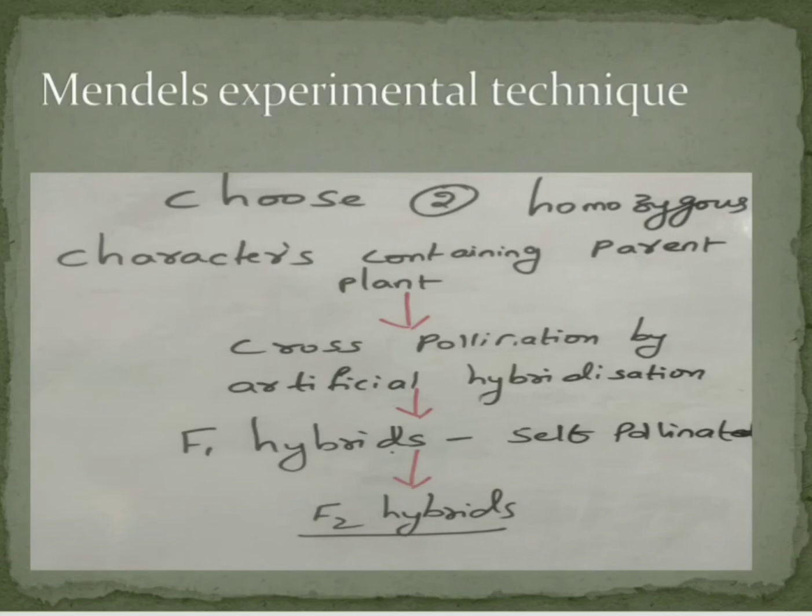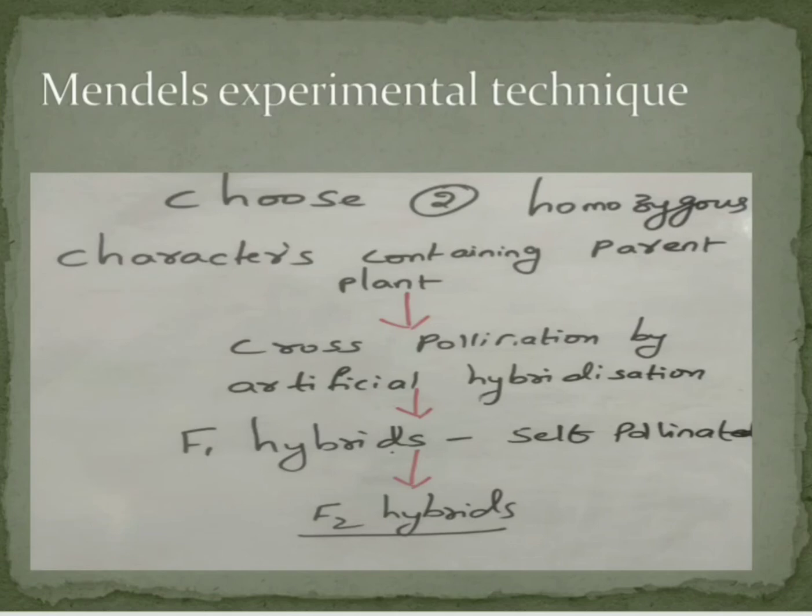After F1 production, he self-pollinated these F1 hybrids and got the F2 generation. Among these F2 hybrids, by using the ratios, he observed the inheritance pattern. So this is Mendel's experimental technique: first he cross-pollinated, later he self-pollinated, and he observed the results.